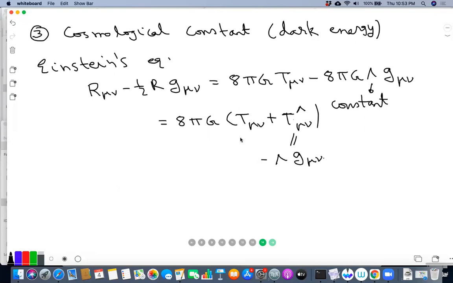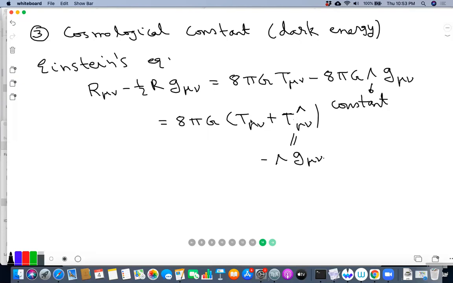So it's as if besides the usual matter and radiation that we had already introduced, there is another component of the energy momentum tensor that's simply proportional to minus Lambda times g_mu nu. This is what is called the cosmological constant or dark energy.